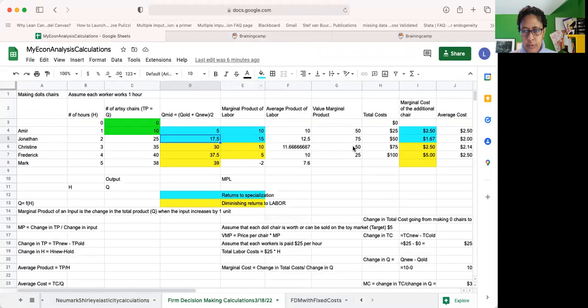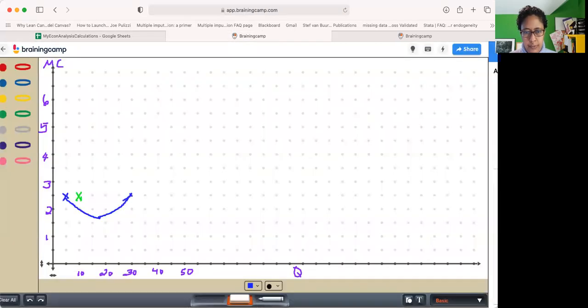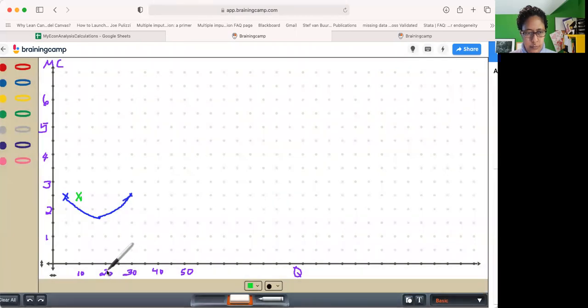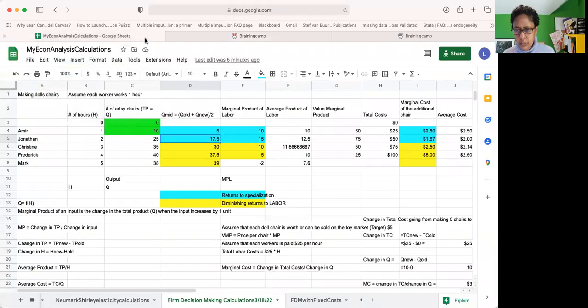My average variable cost, $2.25. 25, here's $2. Let's see here. I'm going to plot something first. I think I'm okay. So I have 25, $2, to make sure I'm plotting everything correctly.